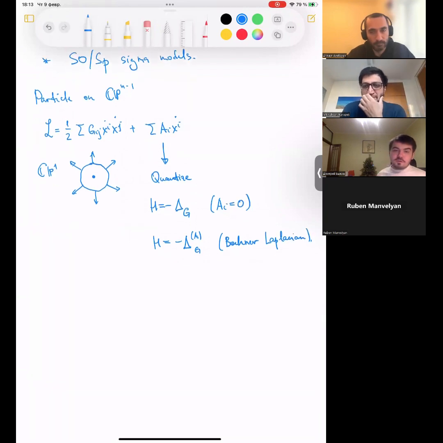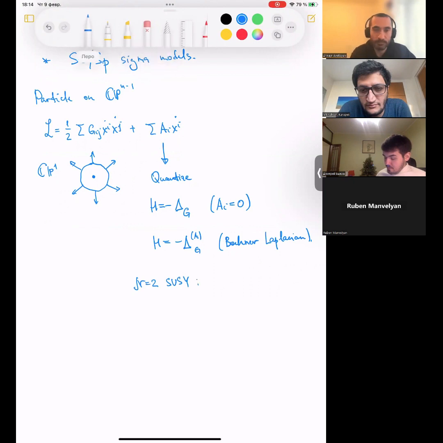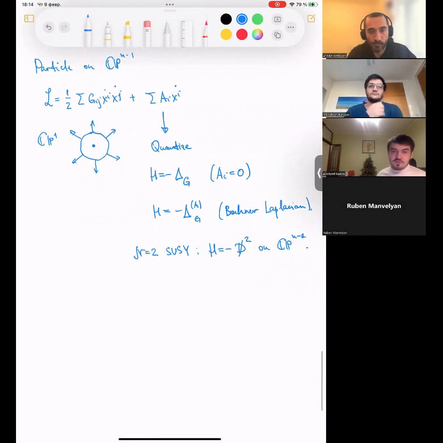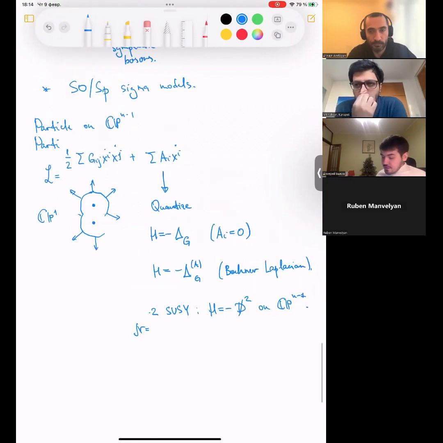You can also do this in a supersymmetric setup. Then you get a Laplacian which is a square of a Dirac operator, so N equals 2 supersymmetry. Your Hamiltonian is minus the square of the Dirac operator in a magnetic field on CPN-1. So you can solve all these systems using this approach, like was correctly mentioned.